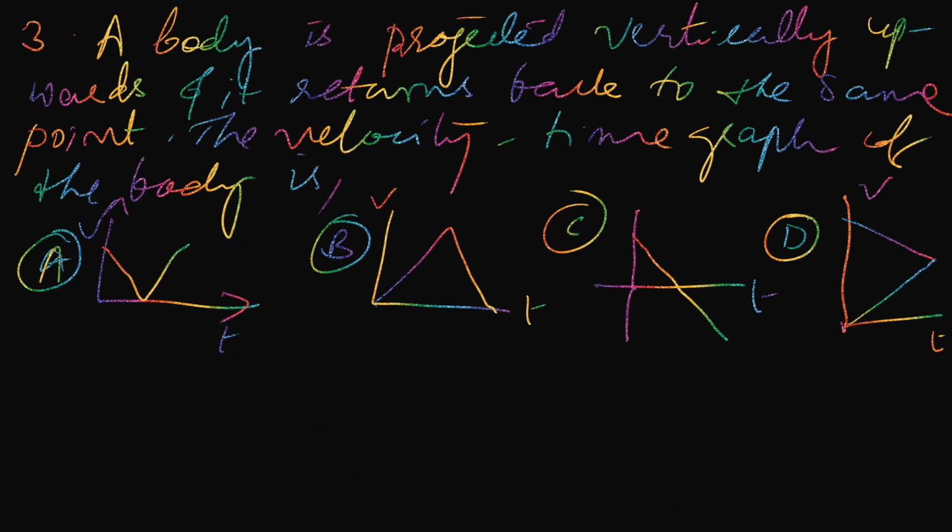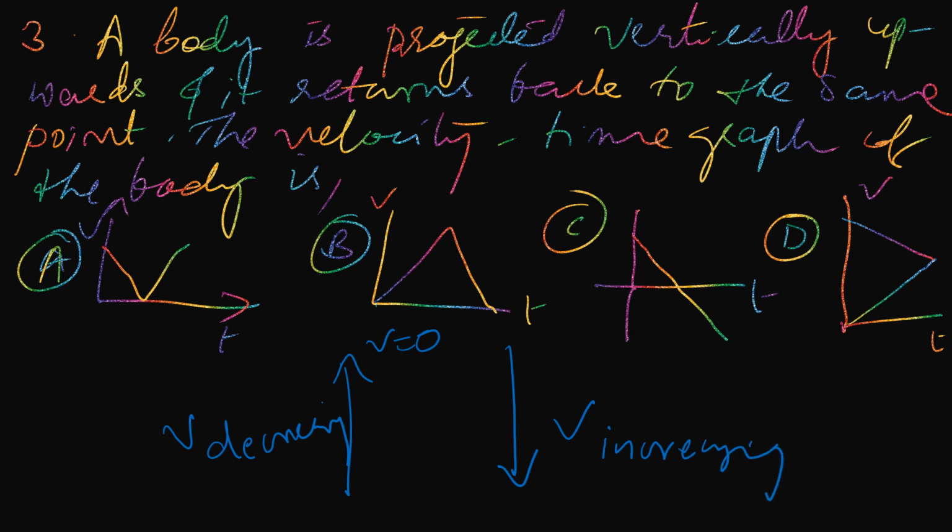A body is projected vertically upwards and it returns back to the same point. Velocity time graph of the body. When a body is projected up, its velocity goes on decreasing, and at the topmost point velocity becomes 0. When it comes back, that is in the opposite direction, velocity goes on increasing.